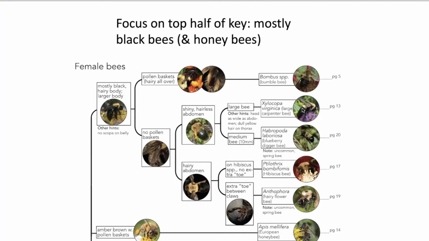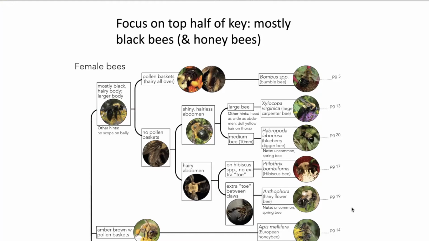So that's how these would work in theory. But for now you can ignore these page numbers over here. How this works is you split here and then see how it forks, and then follow the forks until you get to the end, and hopefully get a species.